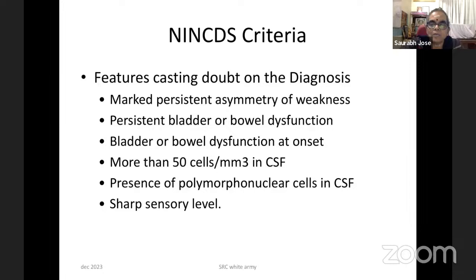And presence of polymorphonuclear cells in the CSF, that also you will not diagnose AIDP. And a sharp sensory level. So if these are present, you will doubt your diagnosis: marked persistent asymmetry, persistent bladder and bowel dysfunction, early bladder involvement, more than 50 cells, presence of polymorphs, and a sharp sensory level.